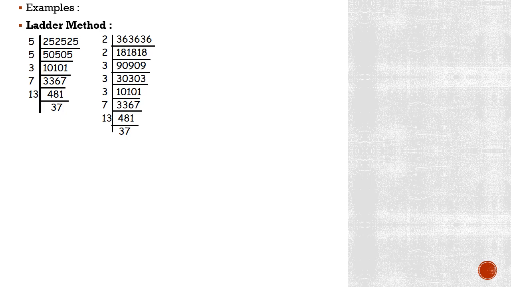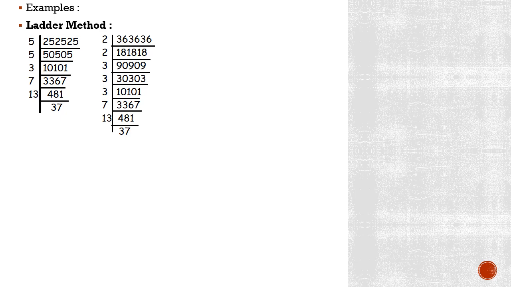Now this number is not divisible by 5, clearly we can see that. So what are we going to do there? Now the addition of all the digits is coming 3, meaning this number should be divisible by 3. So let us divide that number by 3. Dividing 10,101 by 3, we will get 3,367. Now again this number is divisible by 7.